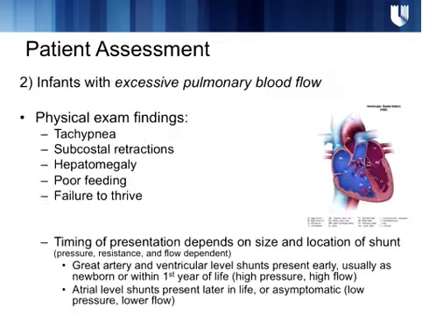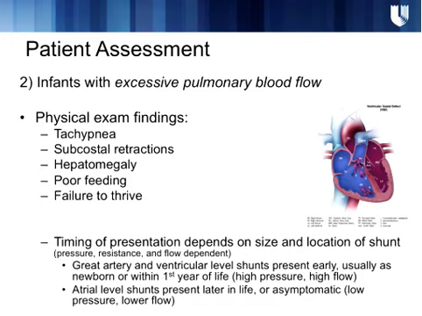Infants with excessive pulmonary blood flow have the typical physical exam findings of tachypnea, subcostal retractions, hepatomegaly, poor feeding, and failure to thrive.